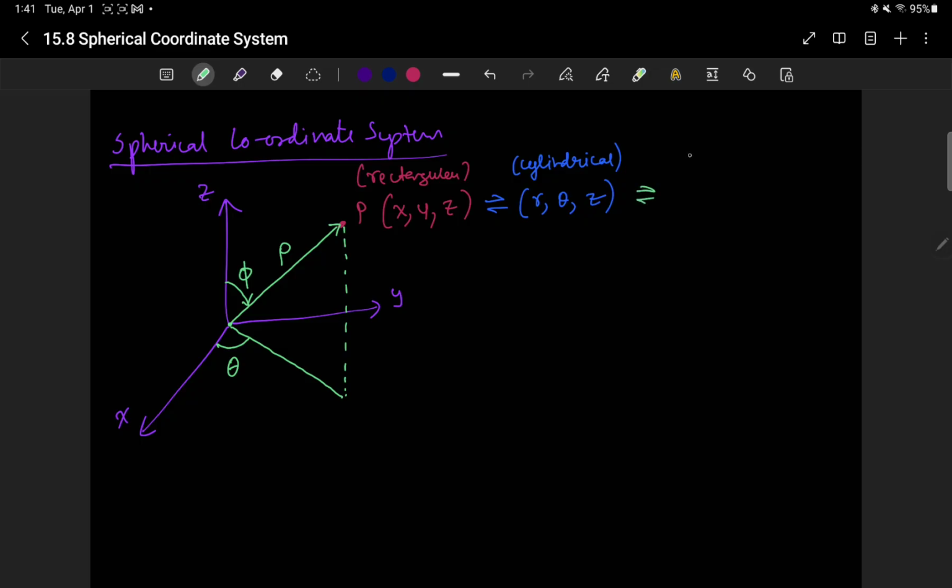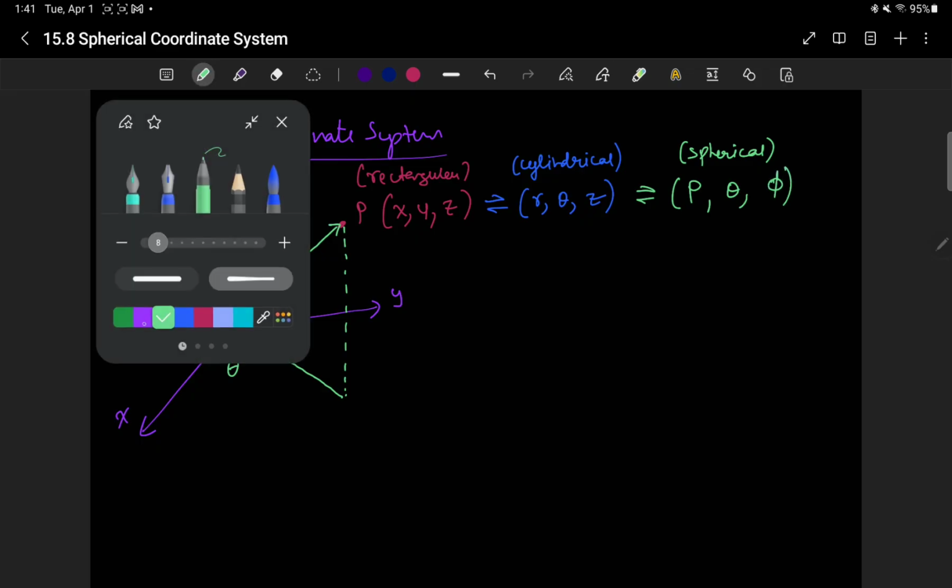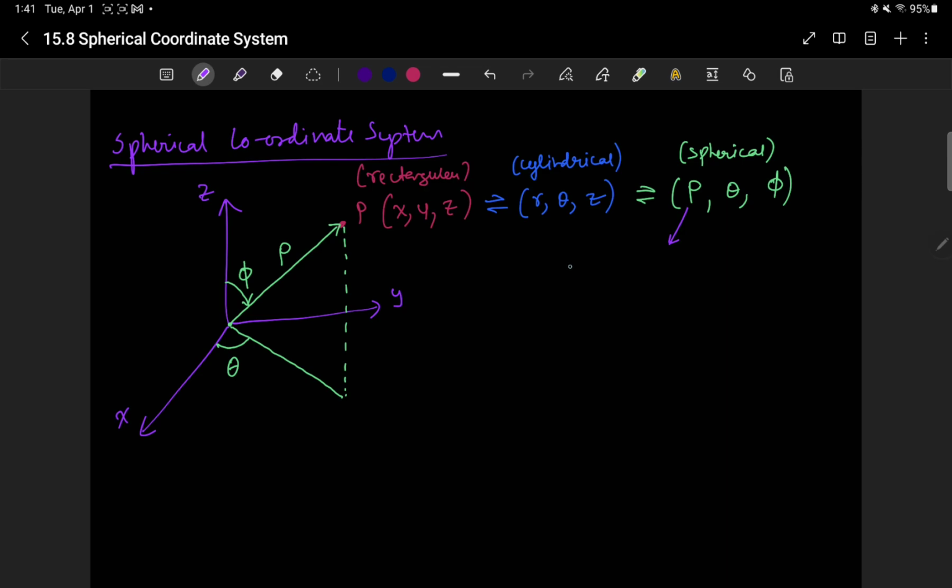So in the spherical coordinate system, what we have is rho, theta, and phi. And then we have specific definitions. Rho is the distance of the point x, y, z from the origin.